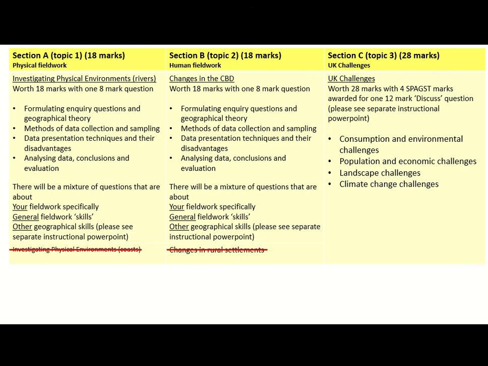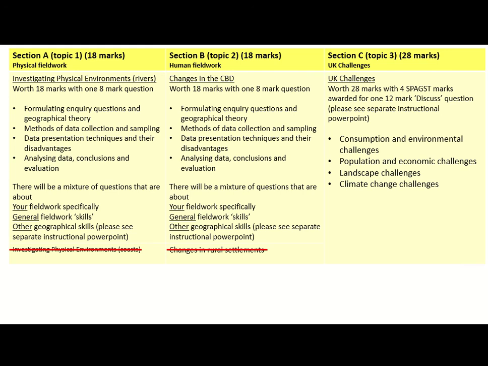There might be 1 or 2 new little elements, with a bit more of a UK focus, but a lot of the core principles, for example, landscape challenges, could look at developing national parks, but you'll be aware of things like rock type and where you might find lowland or upland landscapes in relation to landscape challenges and how humans have affected the UK's landscape through forestry, agriculture and settlement.